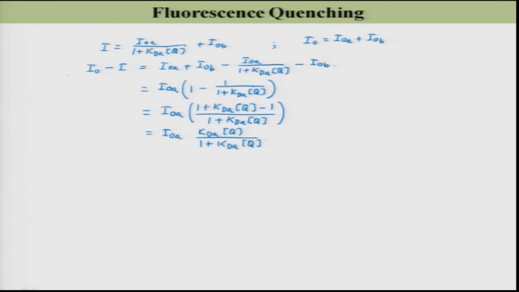So, this one I write as delta I. I can also write this as a delta I. So, 1 over delta I is equal to 1 plus K d A into Q divided by I 0 A K d A into Q. Now, I multiply both sides by I 0.